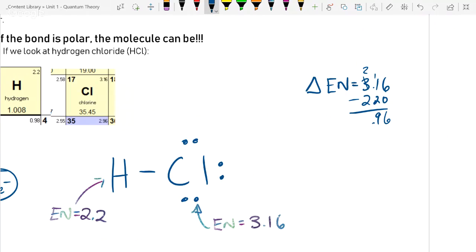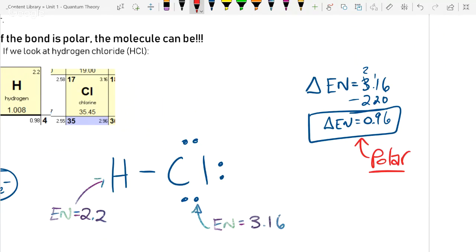Not 0.96? That's okay. I'm still not convinced you're wrong, but whatever. That's what I'm going with. So the difference is 0.96. Now, is that polar? Yeah, because we said it's polar if it's 0.5 or greater. And this is greater. It's 0.96.